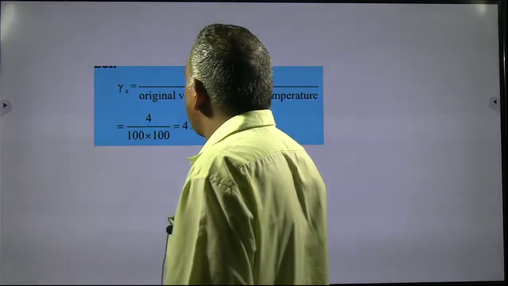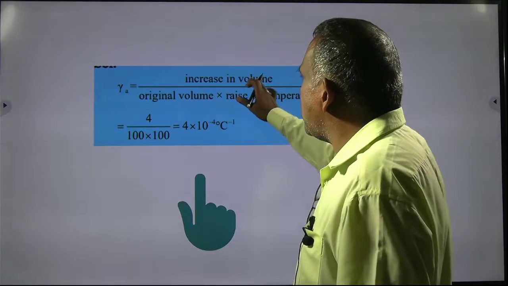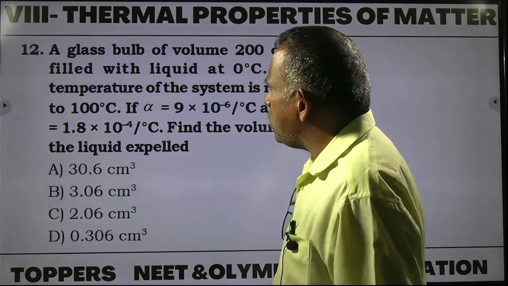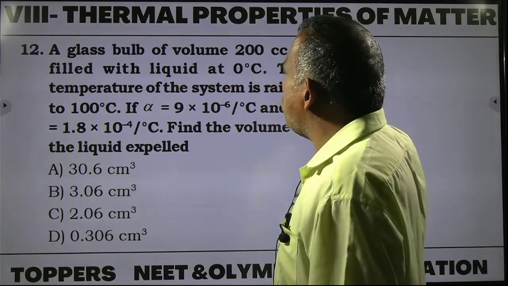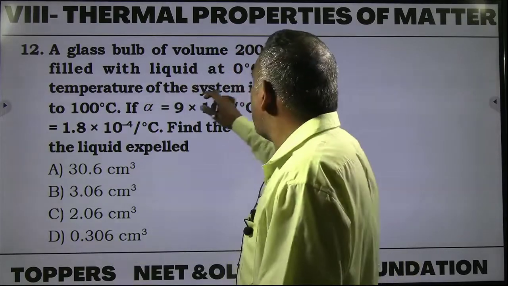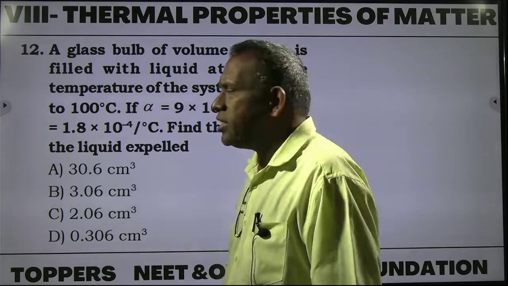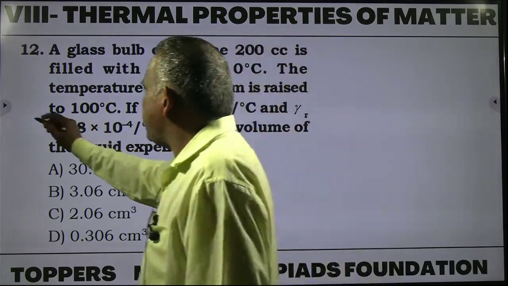Coming to the next question. This is a simple solution: increase in volume per original volume per degree raise in temperature. 12th question: a glass bulb of volume 200 cc is filled with the liquid at 0 degree centigrade. The temperature of the system is raised to 100 degree centigrade. Alpha is given.